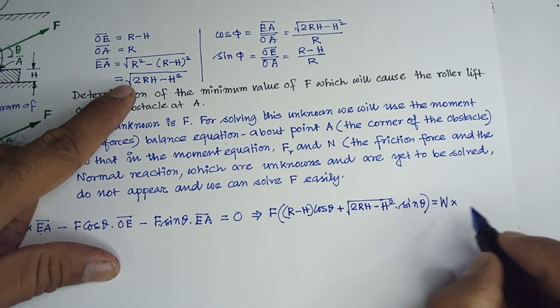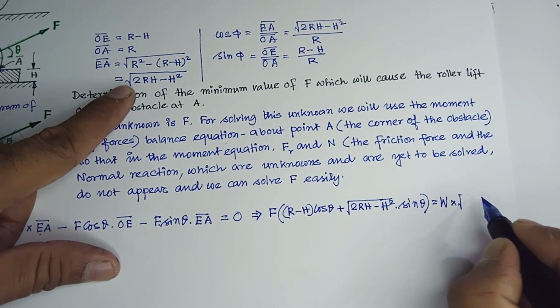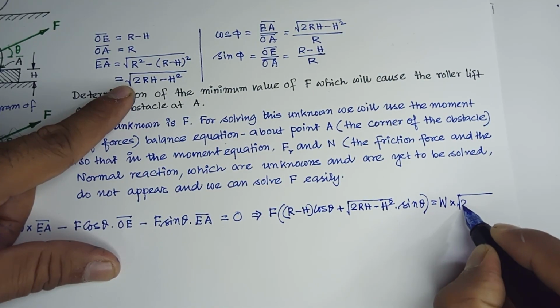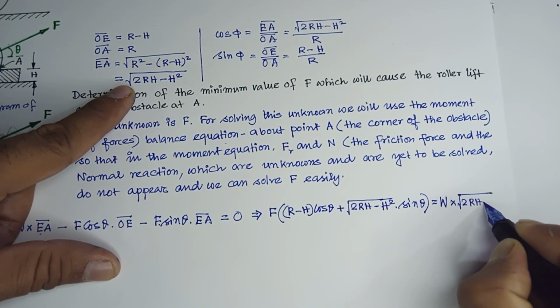EA is this one, square root of 2RH minus H square.